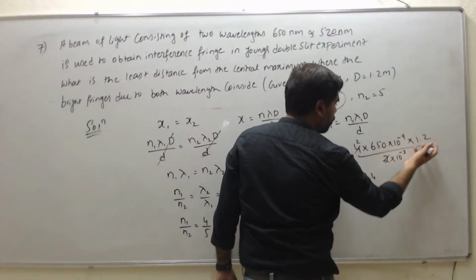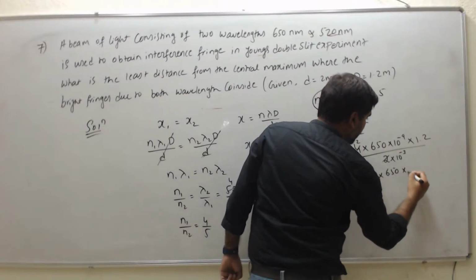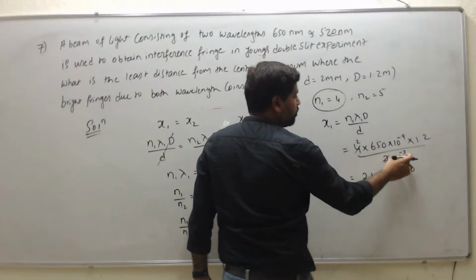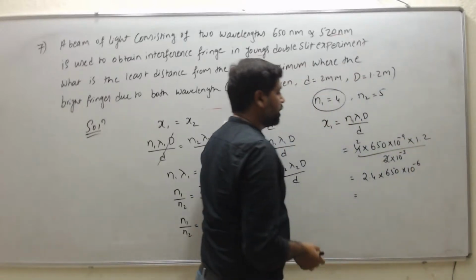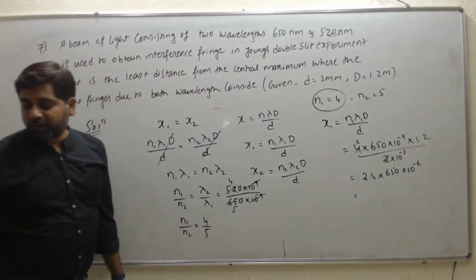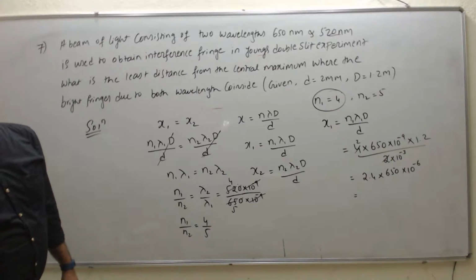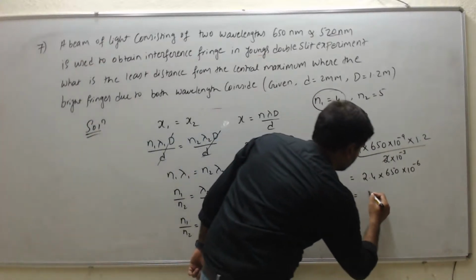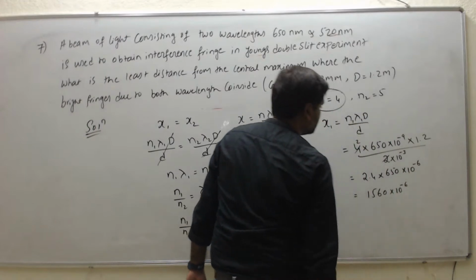So here we can write 4 by 2, then 2.4, 2 into 1.2 is 2.4, into 650 into 10 to the power of minus 9 minus 3, that becomes minus 6. If we multiply 2.4 into 650, we get 1560, that is 1560 into 10 to the power of minus 6.